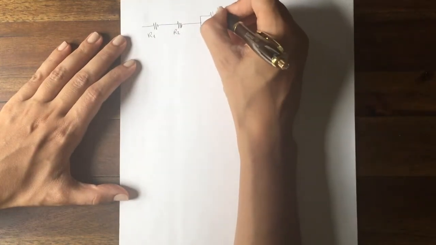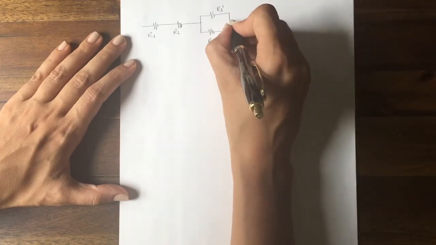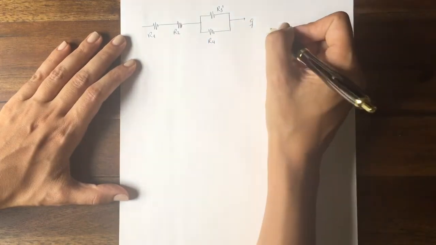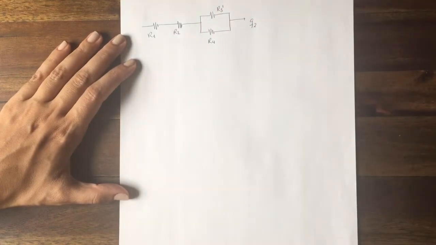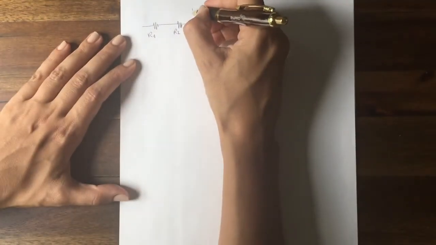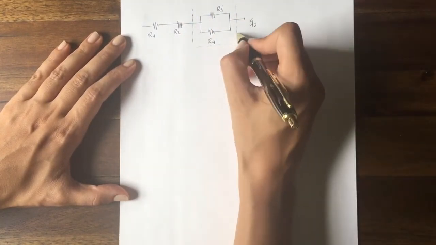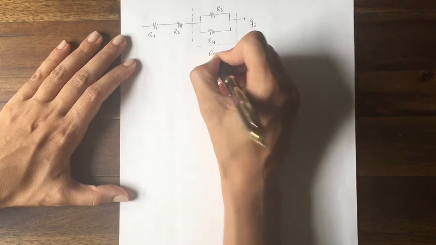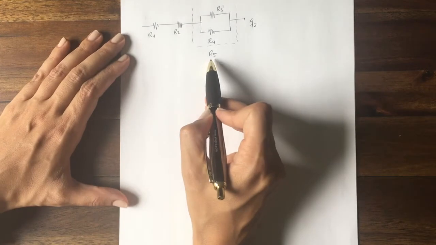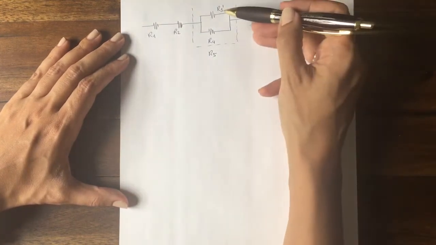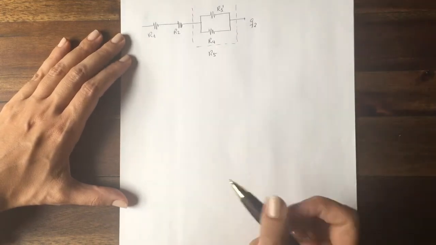We can call this one R3 prime and this one R4, and this will be the total heat rate transfer when we have fins. We can call Q2. This combination of resistances here, we can call it R5. So R1, R2 and R5 are in series, while R3 prime and R4 are in parallel.